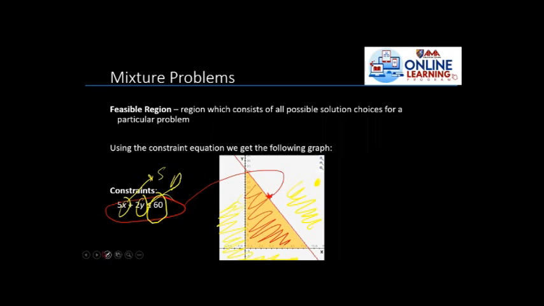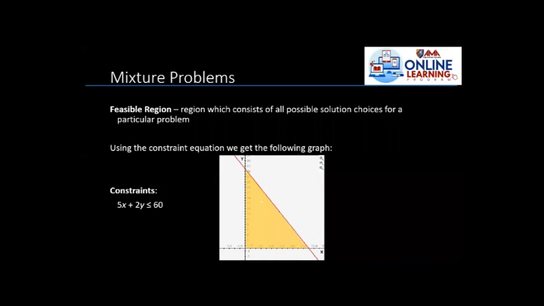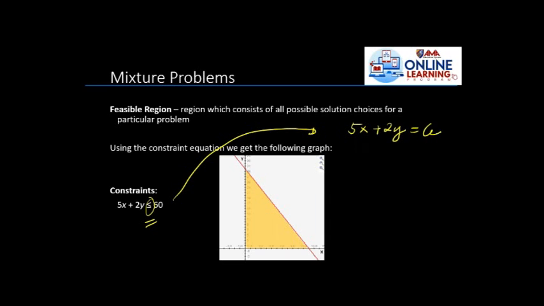Okay. So after that, tingnan natin paano i-plot itong diagonal line. We treat it as a linear equation, so instead of the inequality, palitan ng equals para ma-plot natin. So that is 5x plus 2y equals 60, just to get the x and y intercepts.